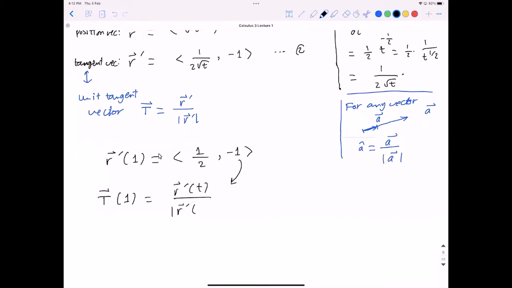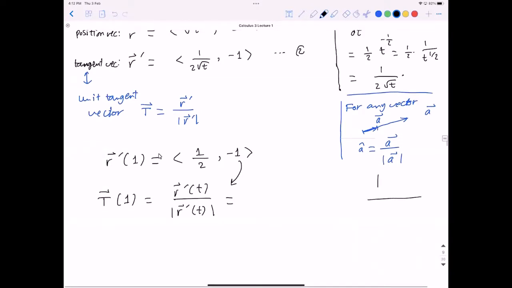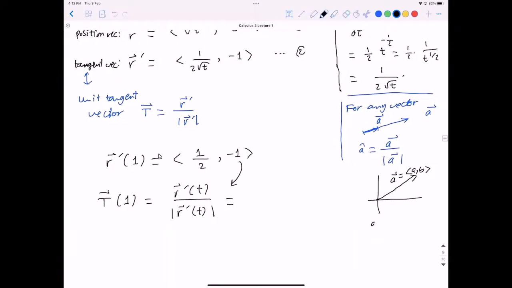You know the magnitude of a vector is given by the Pythagoras formula. If you have any vector A given by (a, b) or (x, y), its magnitude is what? Yes, the square root of a squared plus b squared.